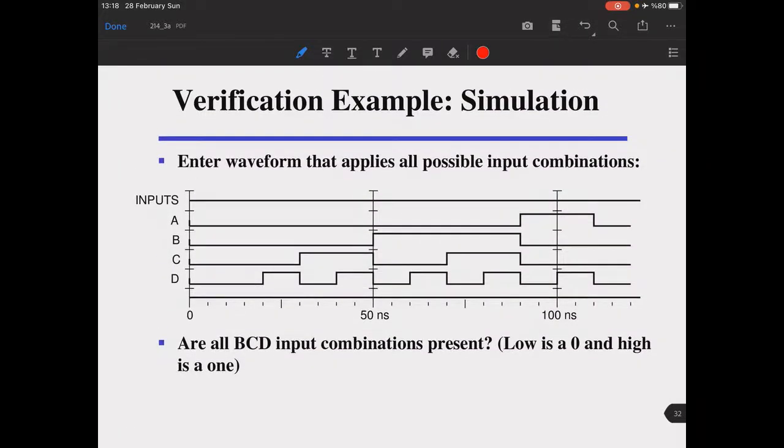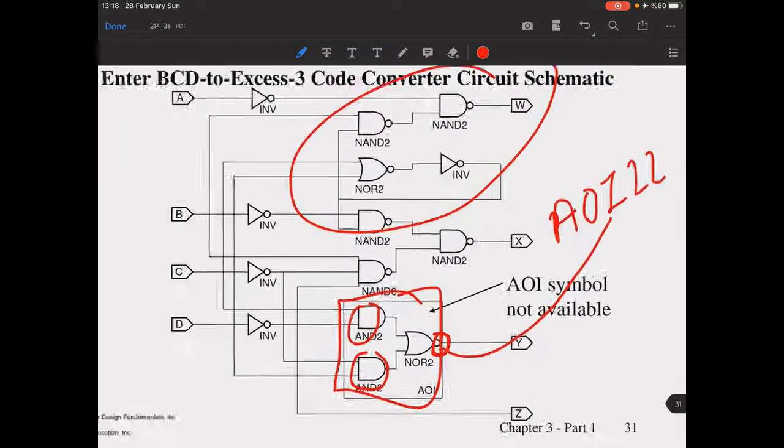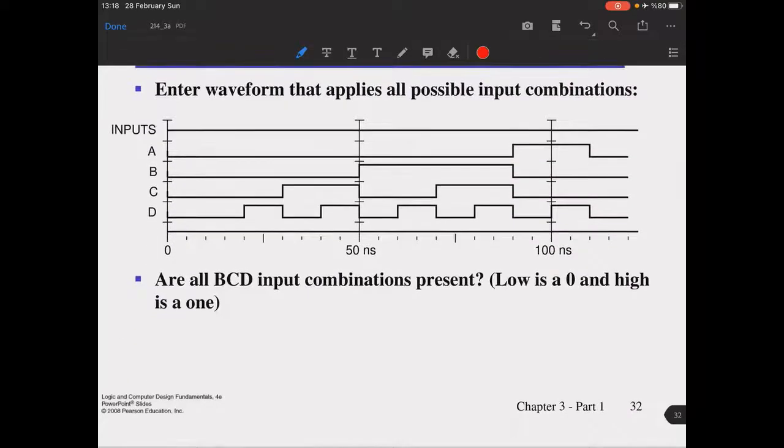And then you can enter a waveform that applies all possible care input combinations for this particular NAND-mapped circuit, and you check out the outputs and check if all BCD input combinations are present. Then you go ahead and check their corresponding outputs in the given truth table, for example, in step 2.